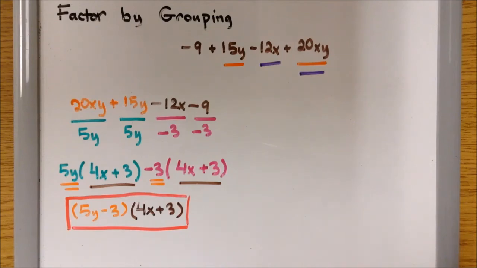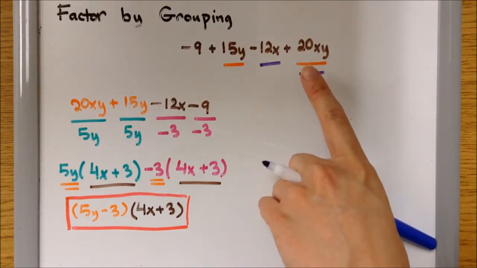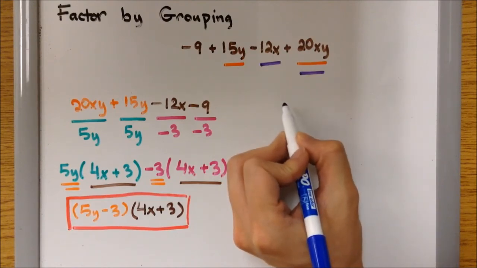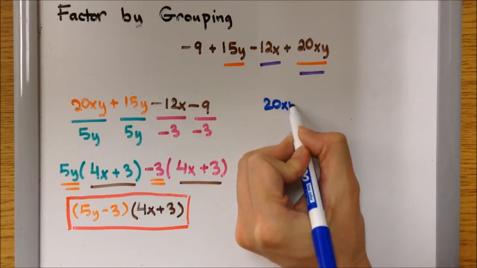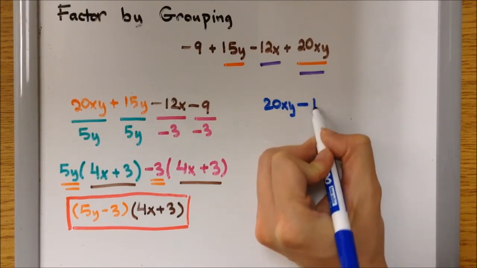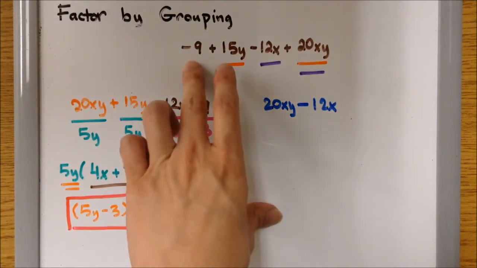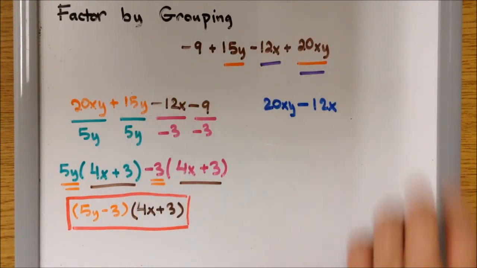So if we group the x's together, now typically again, I would put the one with the highest number. So in this part, we're going to just group the x's together first. So 20xy, and then minus 12x. Now the ones I didn't group together, which is negative 9 and 15y, I'm going to put as the last two terms.